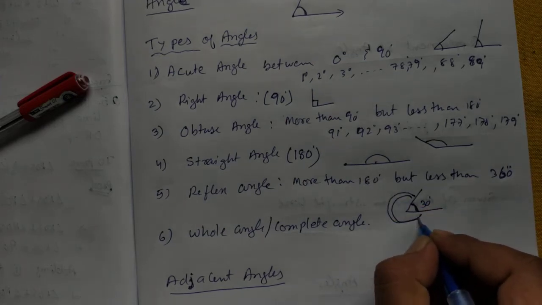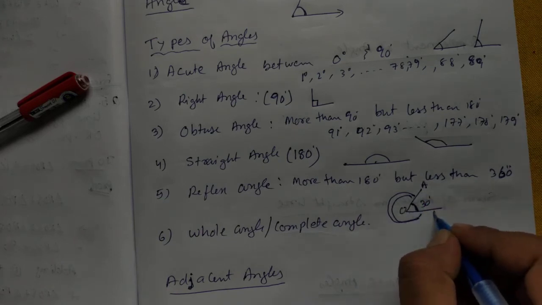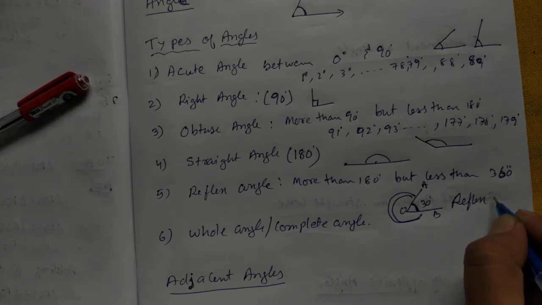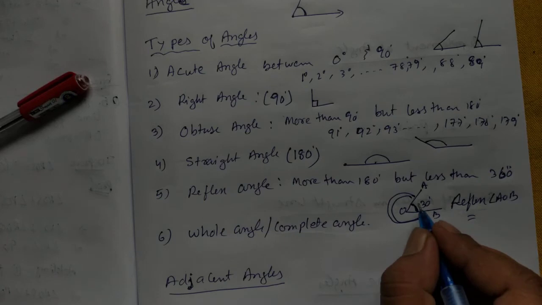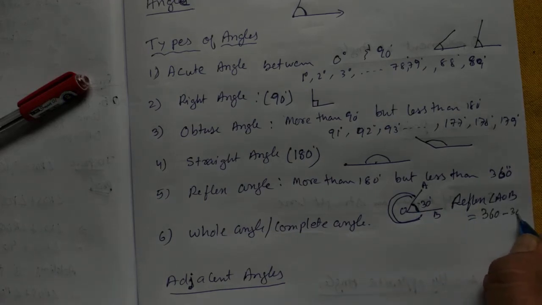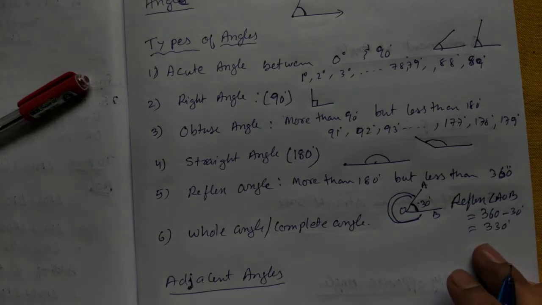Okay. If you want to find the reflex of, suppose this is A, O, B, if you want to find reflex angle A, O, B, what you have to do is find the remaining angle, not this angle. From 360 you have to subtract 30 degree. That will be 330 degree. So reflex is always more than 180.